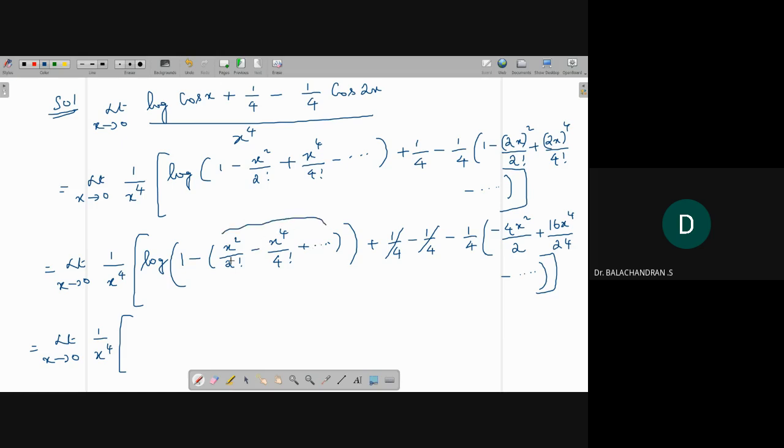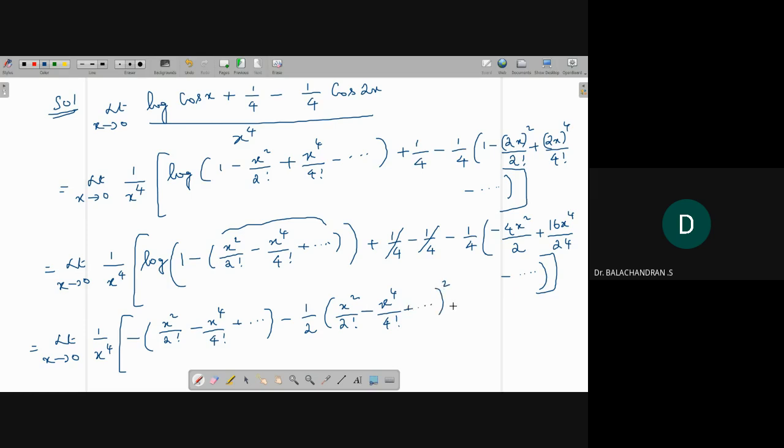So log of 1 minus x is minus x, where x is x square by 2 factorial minus x power 4 by 4 factorial plus and so on, and minus 1 by 2 into x square, where x square is x square by 2 factorial minus x power 4 by 4 factorial plus and so on, whole square.